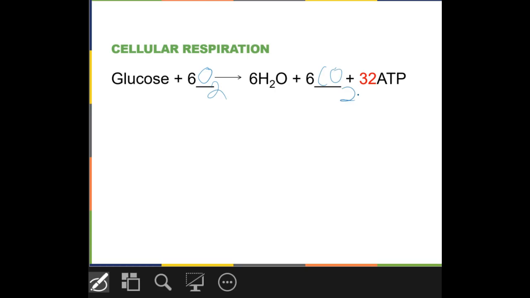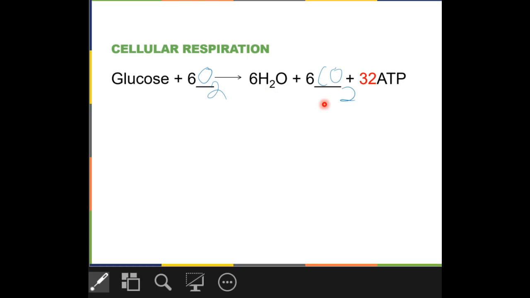Right, so because of your cellular respiration, this is exactly why you have external respiration. So this O2 here in the equation is the same O2 that you suck into your mouth when you breathe. And this CO2 is the same CO2 that you exhale.